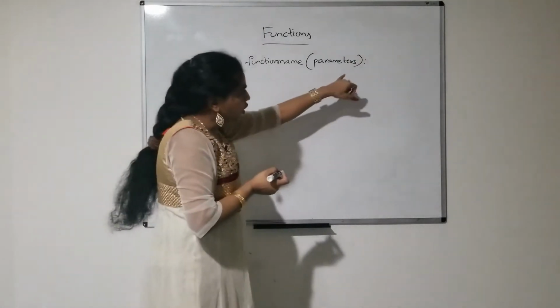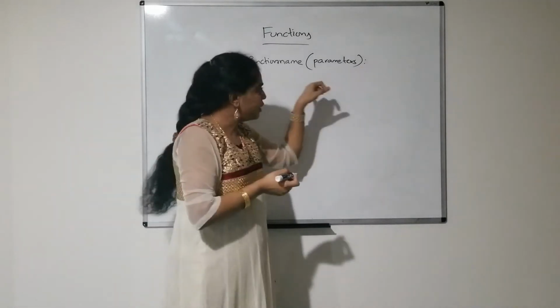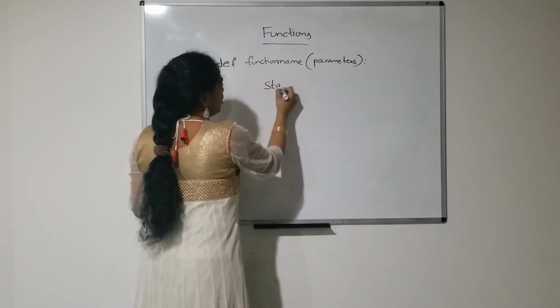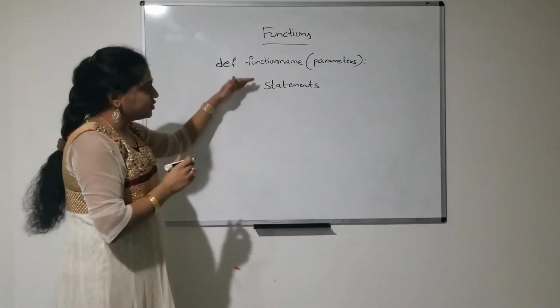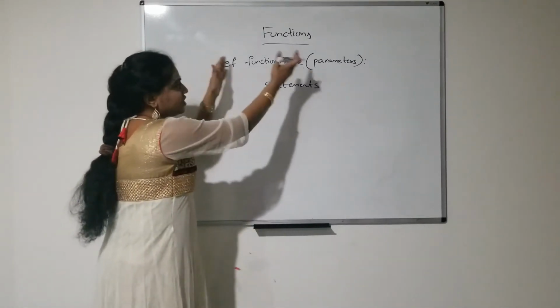Whenever you use a colon, you are telling the Python interpreter that you are going to define a block. Here you write the block of statements. This is called a function definition.